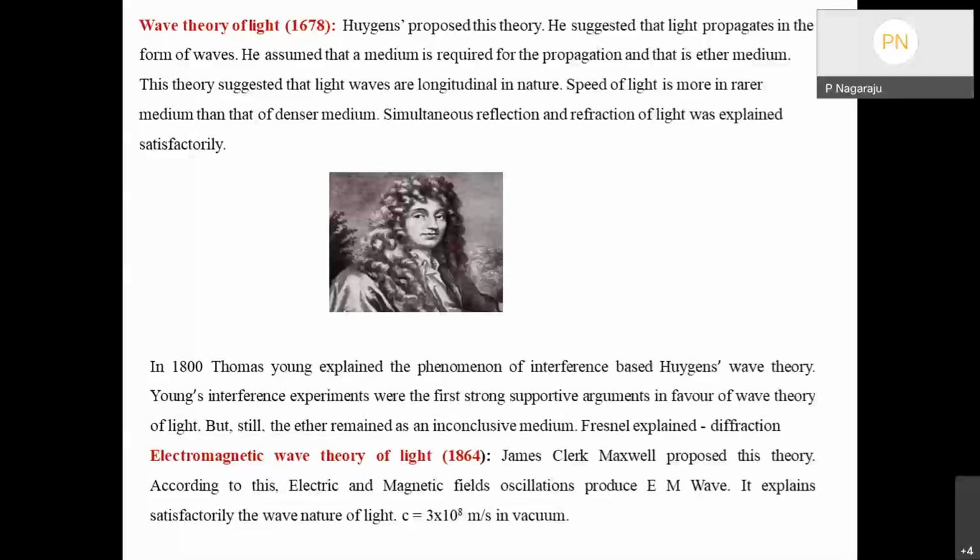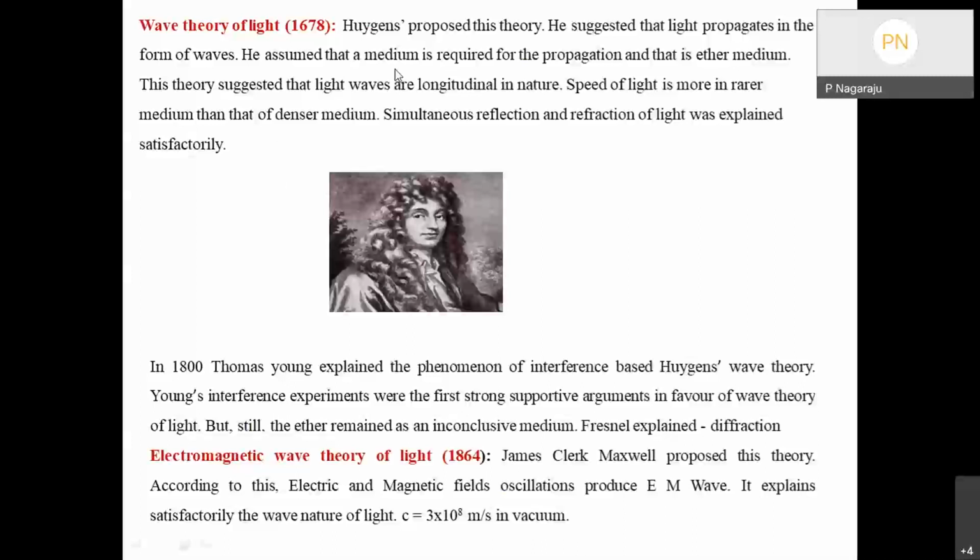So like what we see when a disturbance is created in a medium, the waves are produced, exactly in the same way. Here, when the particles are disturbed, the waves are produced, and these particles are traveling in the form of waves.